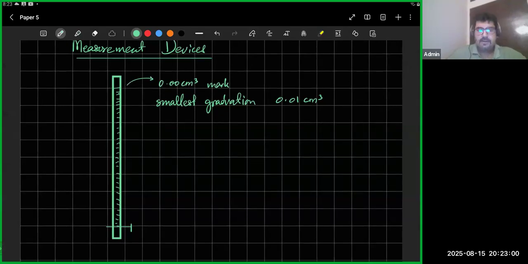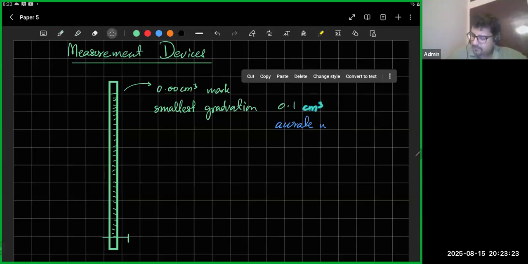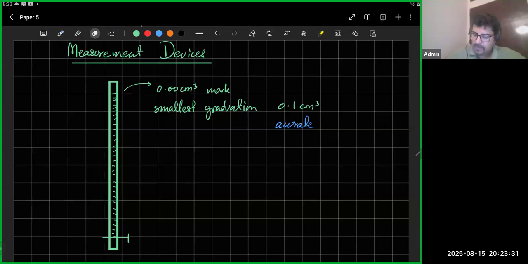You can say it's accurate up till 2 decimal places. Actually, the smallest graduation is 0.1 cm cube. अच्छा, लेकिन उसकी जो accuracy ना, you can't read below 0.1, but it's accurate up till 2 decimal places.